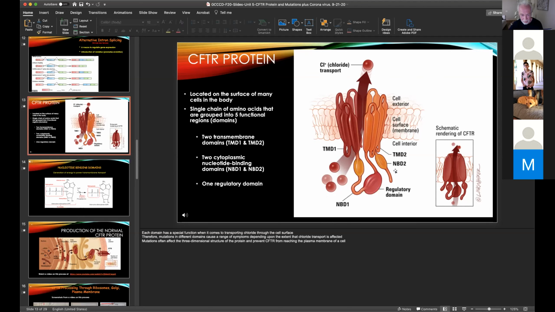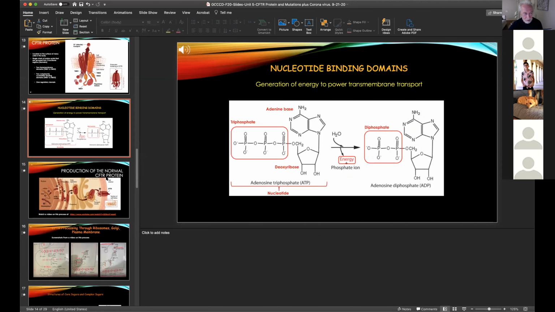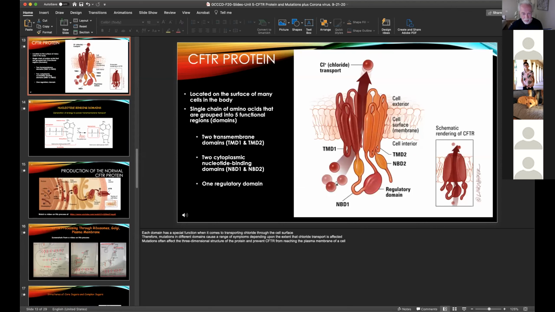Now, there are 2 NBD domains, and I'd just like to take a minute to explain what the nucleotide binding domains are for in this slide. So this transport of chloride ions is an active process. That is, it requires energy in order to get a chloride ion through the membrane.